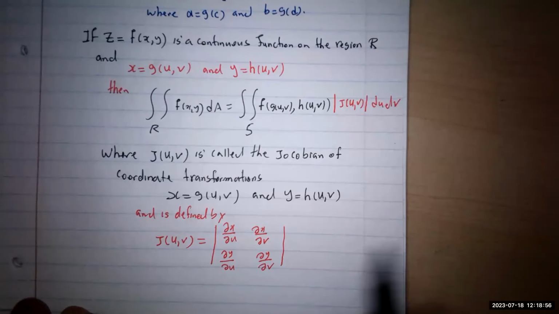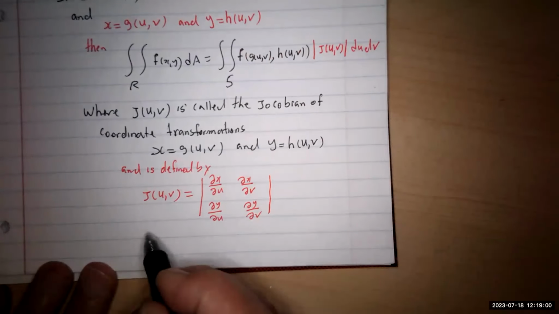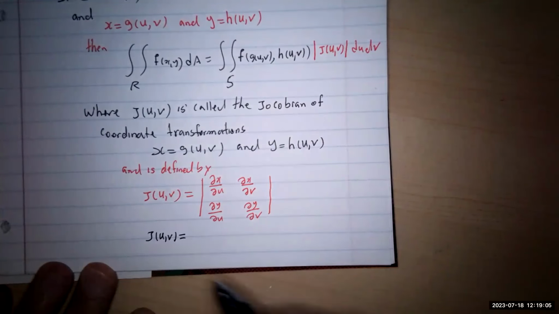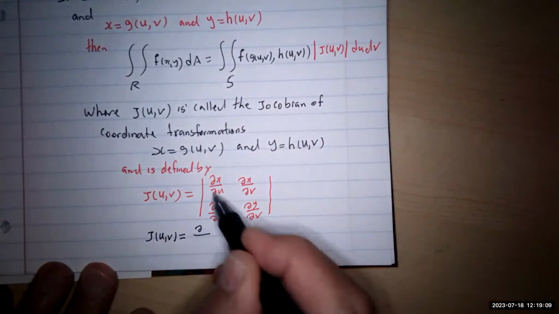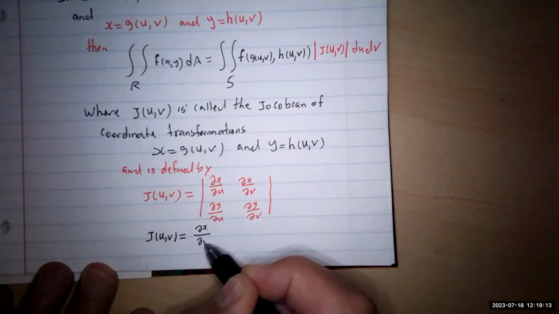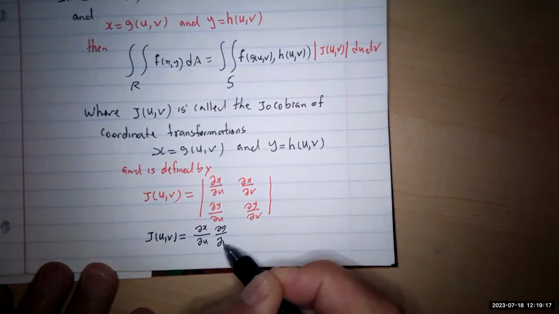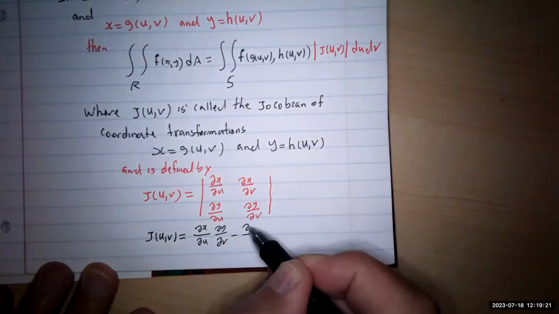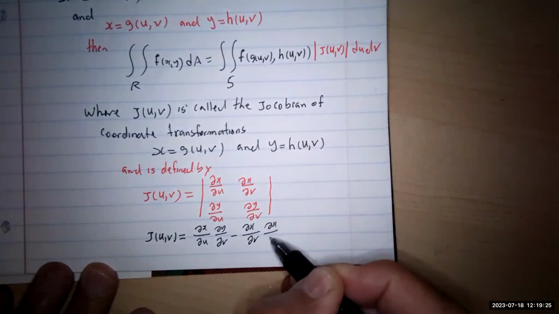Just to emphasize that this is a determinant, it's going to be g of u, v, which is equal to, that's it, the determinant: rho x, rho u times rho y, rho v, minus the other way around, rho x, rho v times rho y, rho u.